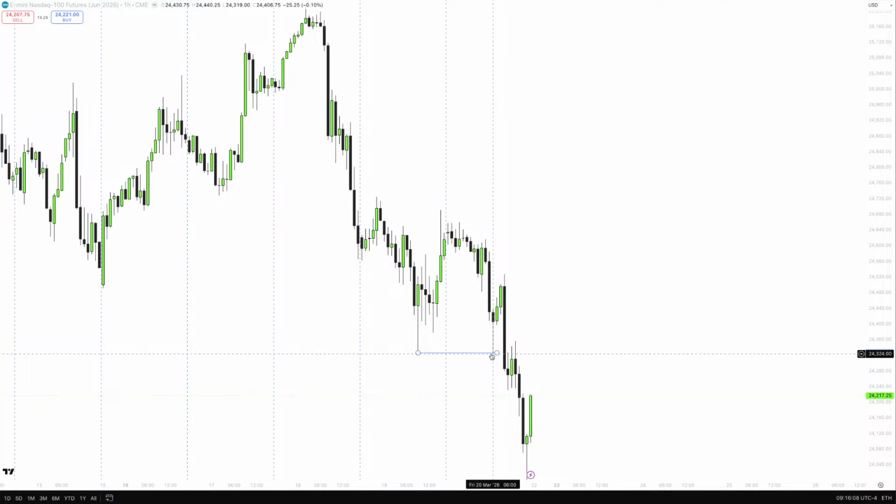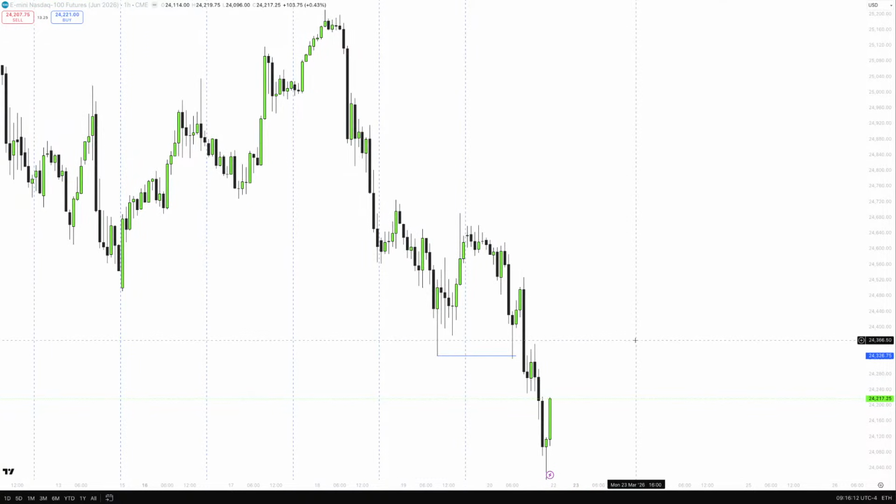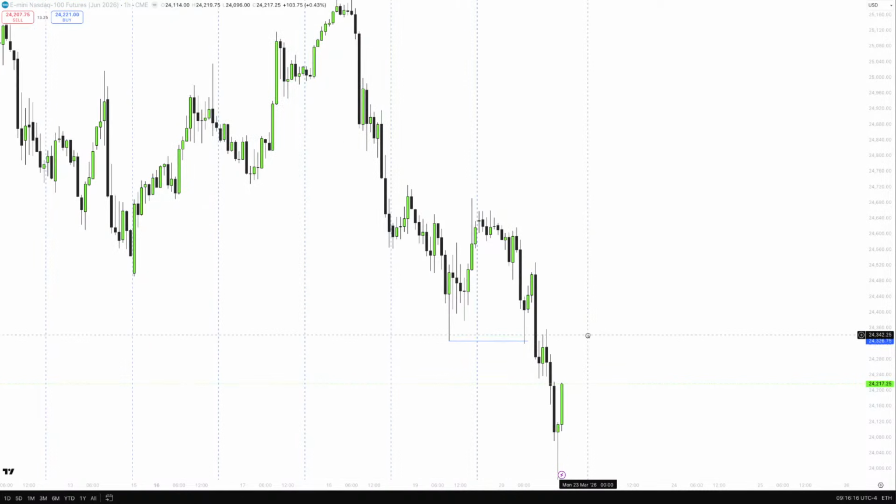So when we see liquidity taken out just a little bit, then it is very likely that we're going to take it out another time and then have a reversal to the other side. So in this case, we are clearly bearish, so that would not be the case.